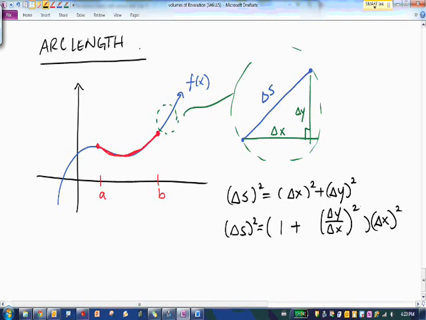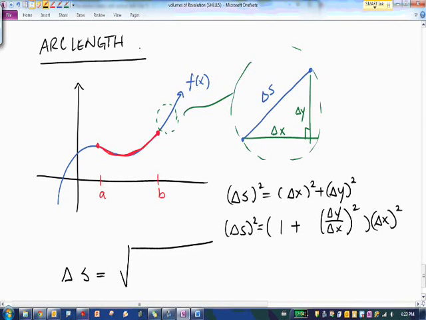If you're unsure that this is true, go ahead and distribute this back and you can verify that. So now I'll square root both sides, and what I get is that delta s is equal to the square root of 1 plus the quantity delta y over delta x squared, times delta x quantity squared, which I know will pull out of the radical.